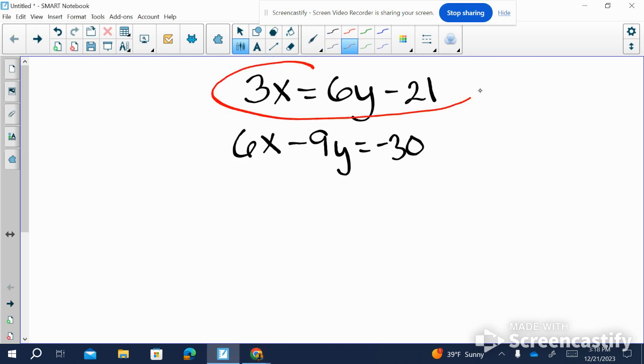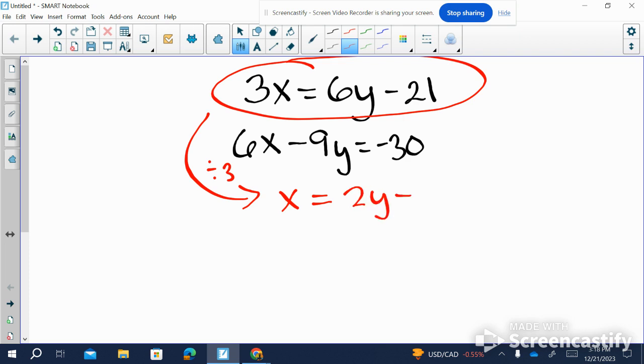I notice that this here is almost giving me an x by itself, but the only thing is x is multiplying by 3. So if I divide everything by 3, then I get x is equal to 6 divided by 3 is 2, so 2y minus 21 divided by 3 is 7.